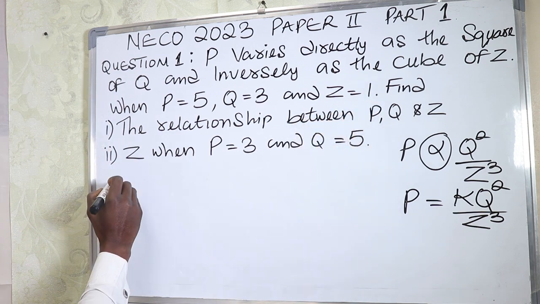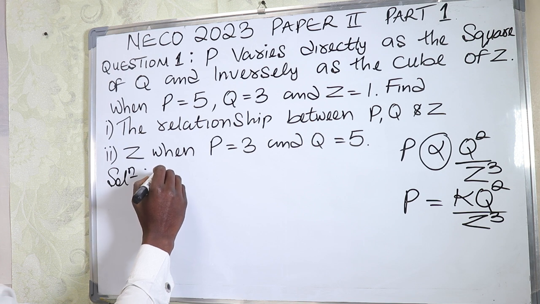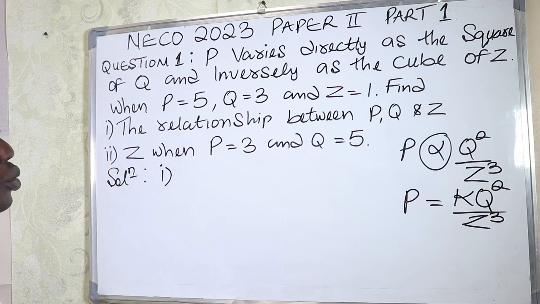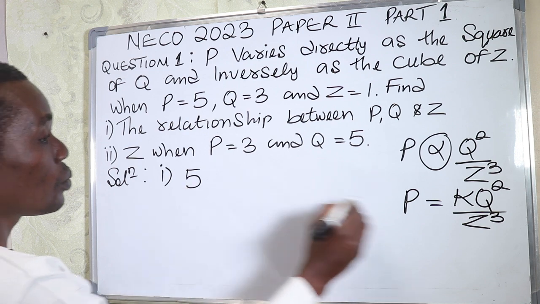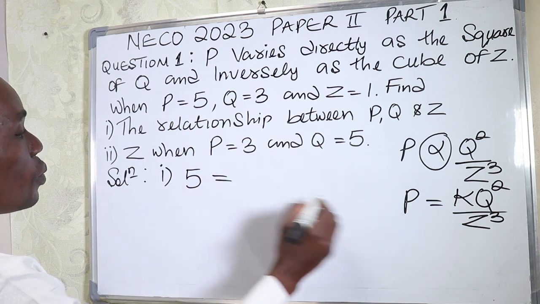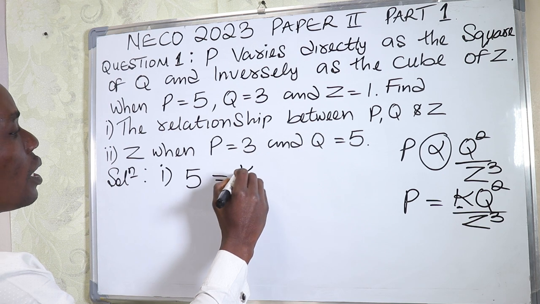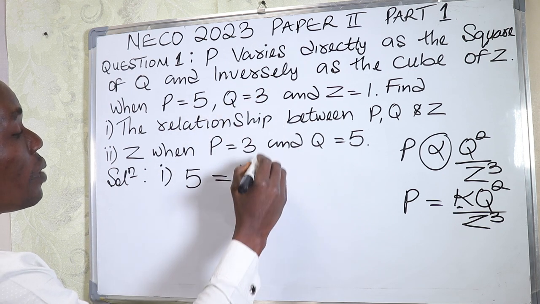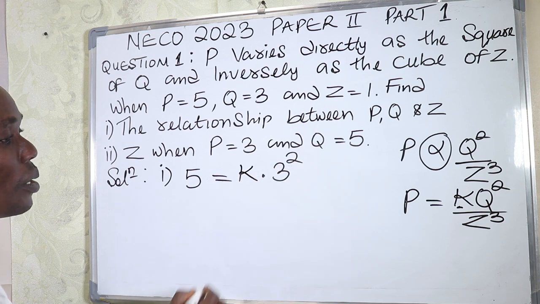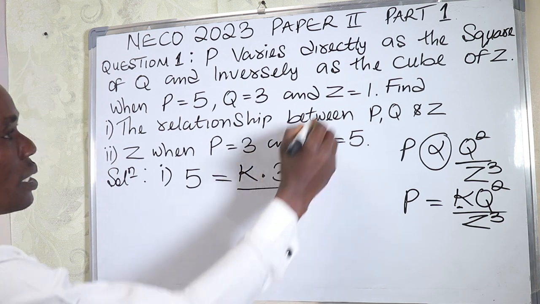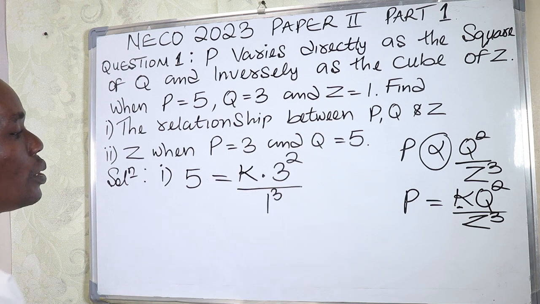So from our first solution, solution I, we're going to consider our P. They say P is equal to 5. From this relationship, we're going to find the value of the constant K multiplied by Q, which is 3 squared, and all of this will be divided by Z, which is 1 to the power of 3.